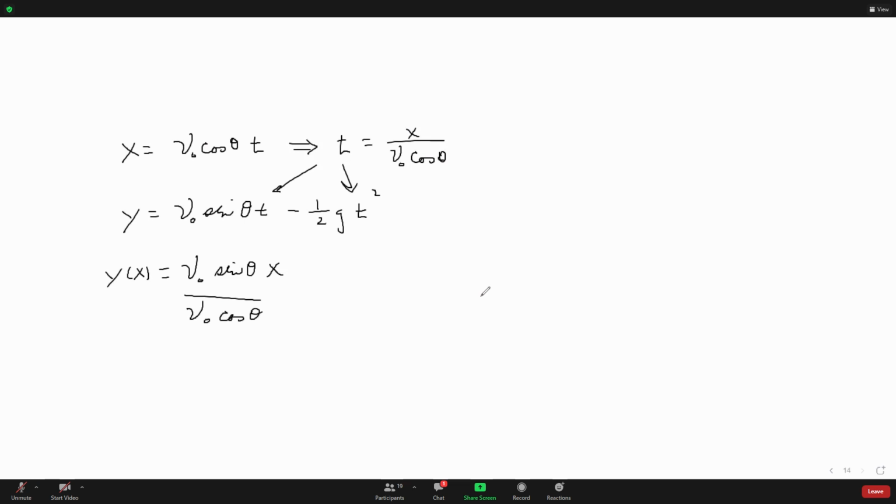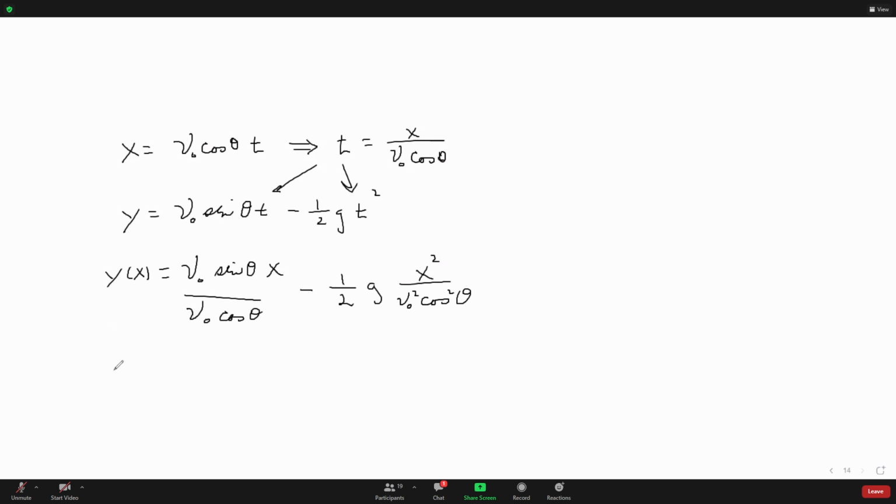So we'll simplify that, but let's go on to the next term. Minus 1/2 g t squared, which is x squared over V0 squared cosine squared theta.